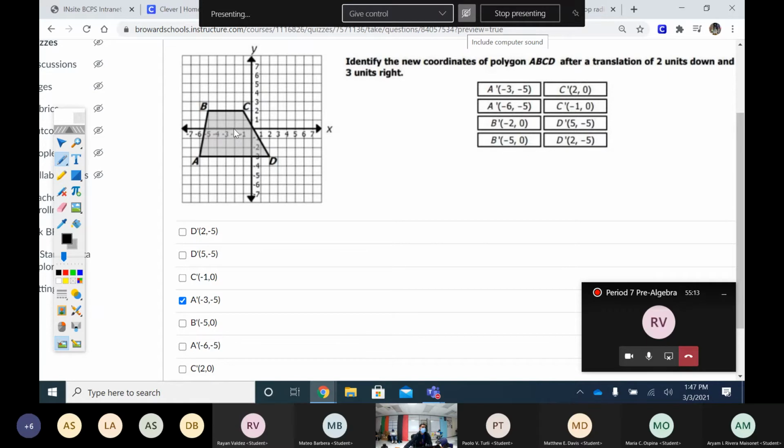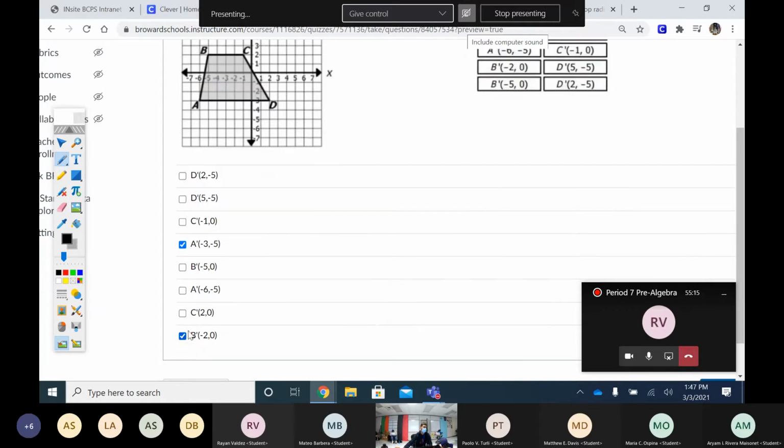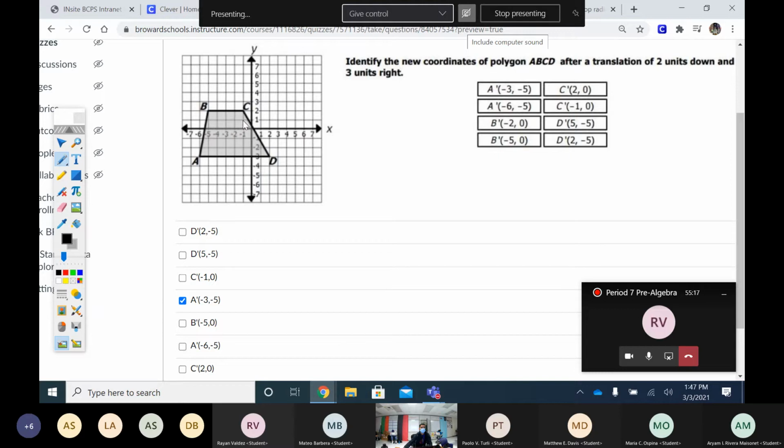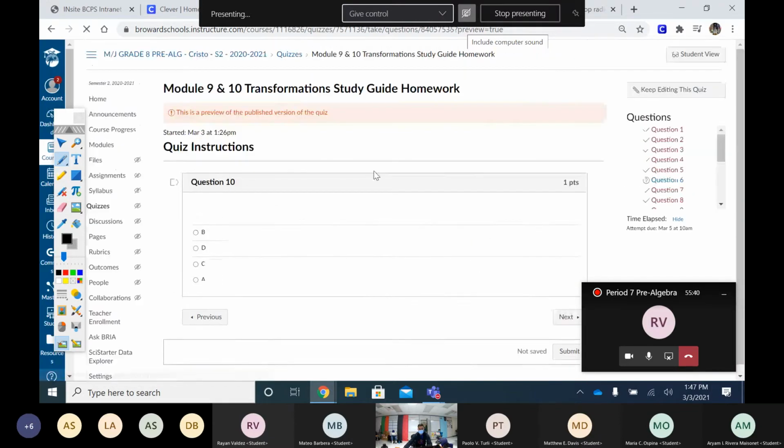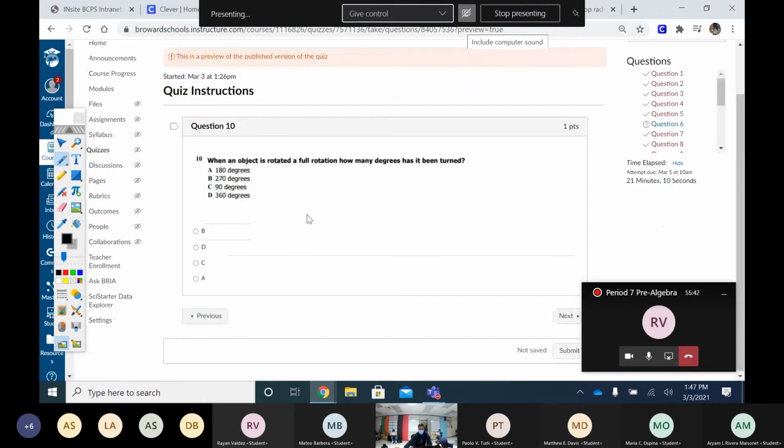Negative 2, comma 0. 1, 2, and 3 to the right. 2, 0. 1, 2, 3 to the right. 6, 5. That was easy. The translation ones are always the easiest ones.